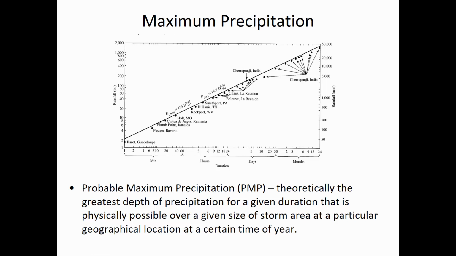Because the consequences of a dam failure are so extreme that they have to consider the worst case scenario. Like we're not talking about a 2-year storm or 100-year storm. They're talking about like the 10,000-year storm in the analysis of dam performance. And so part of that analysis is looking at the probable maximum precipitation.